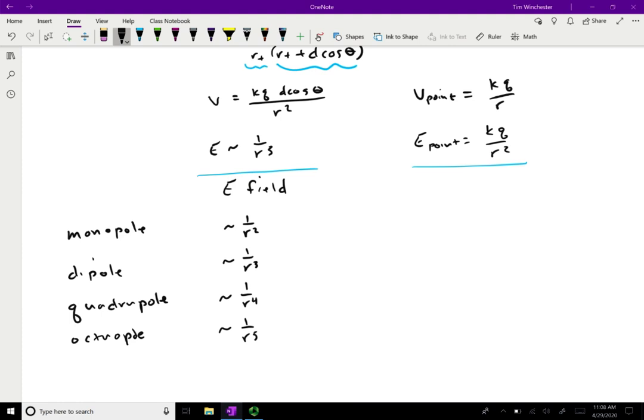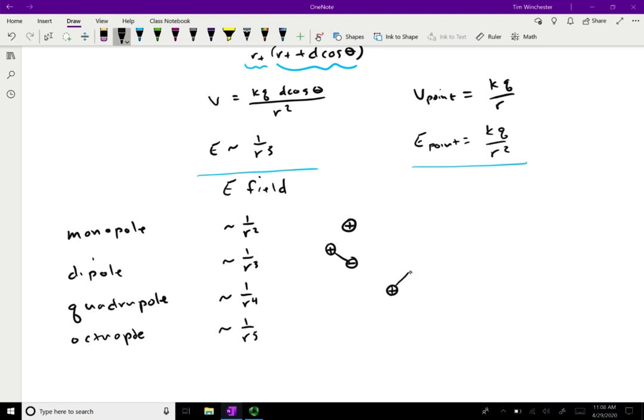All right, and then how to make sense of these? Well, we know what a charge looks like. That's just, say, a positive charge. And we know what a dipole looks like. That's a positive charge and a negative charge that are separated by some distance. If the dipole for a charge distribution is 0, then the next possible arrangement is a quadrupole.